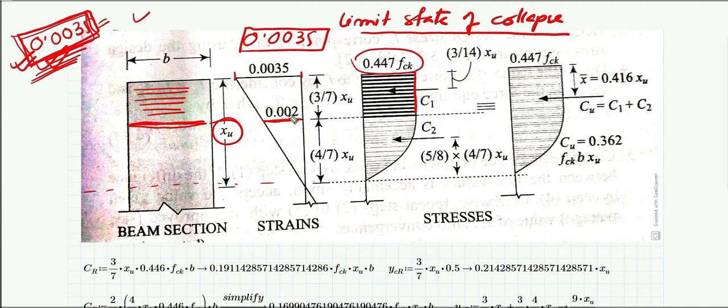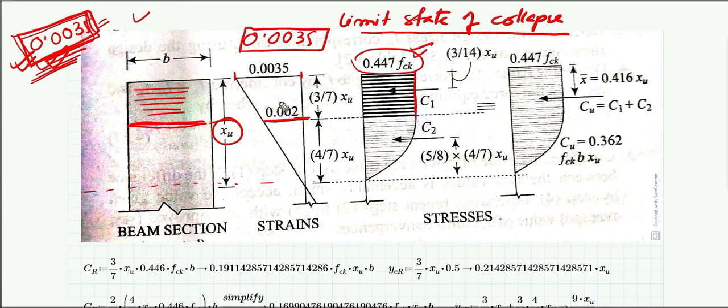Above this strain point on the strain diagram, all the fibers have an equal stress of 0.447 fck, and below that it reduces parabolically.